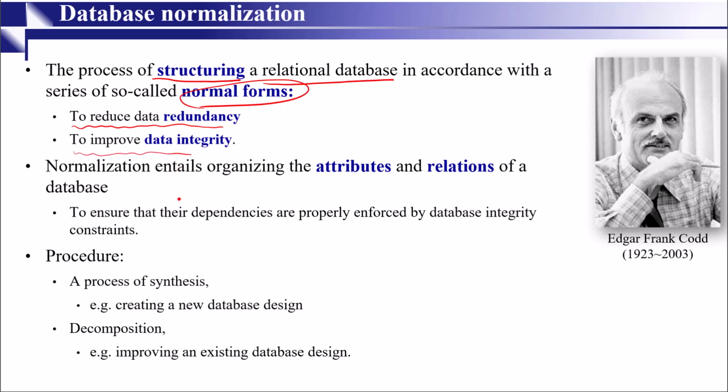The concept was pioneered by Edgar Frank Codd, who lived from 1923 to 2003. Normalization can involve synthesis, meaning creating a new database design, or decomposition, meaning refining an existing one. Think of it as organizing your database to avoid duplication and ensure consistency.